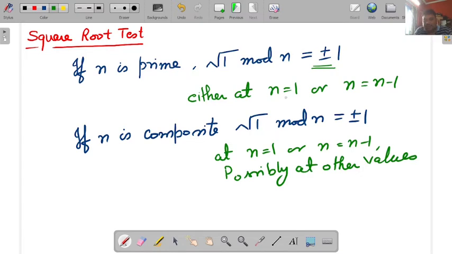If you are getting 1 at n is equal to 1 and n is equal to n minus 1, and some other cases, like n is equal to 2, 3 or anything, then it is a composite number.